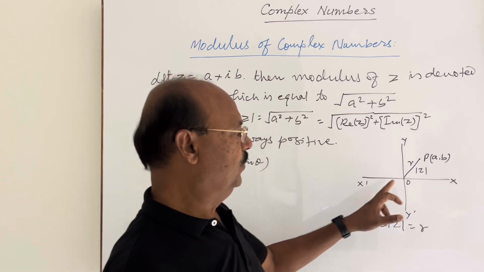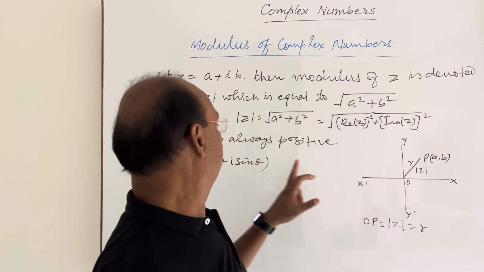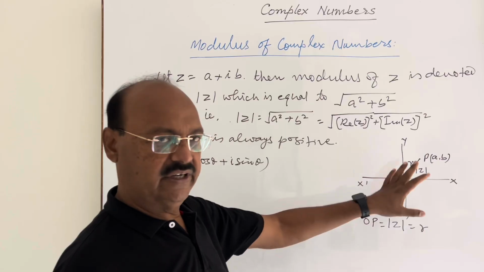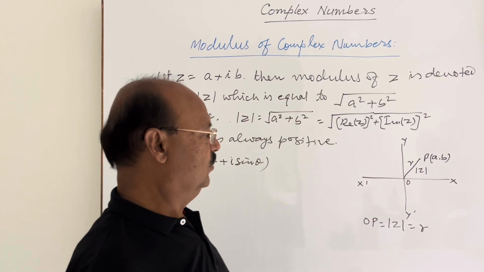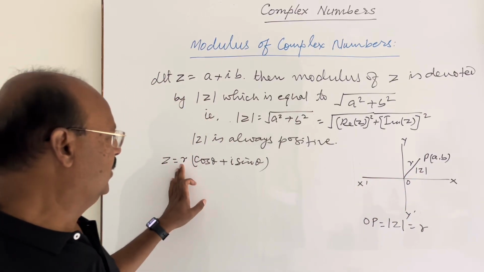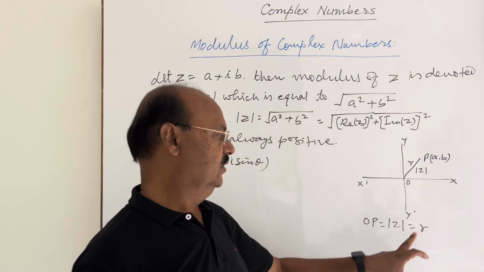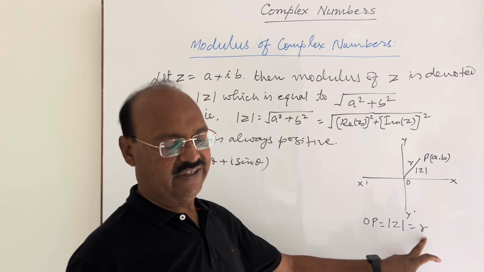Because OP is a distance, this is always positive. It cannot be negative, never. This distance OP is r, which is equal to modulus of this complex number.